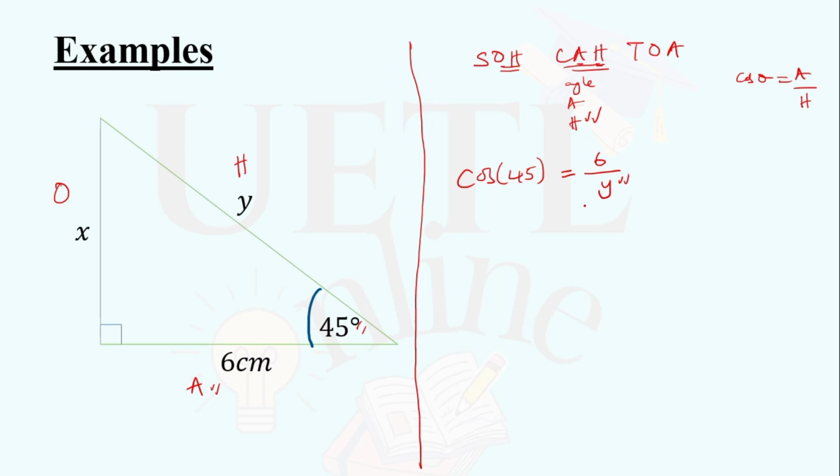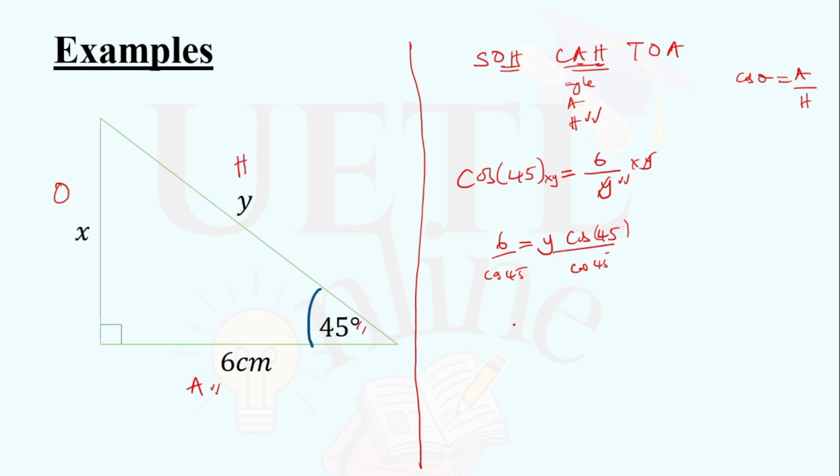So how do we do that? We're going to multiply both sides by y, so this y cancels, and it becomes 6 is equal to y cos 45. After that, we divide both sides by cos 45.